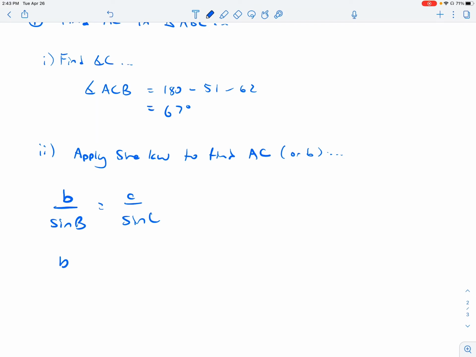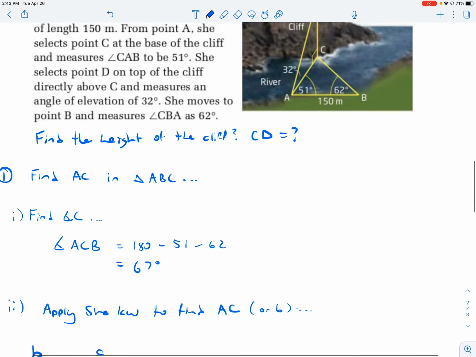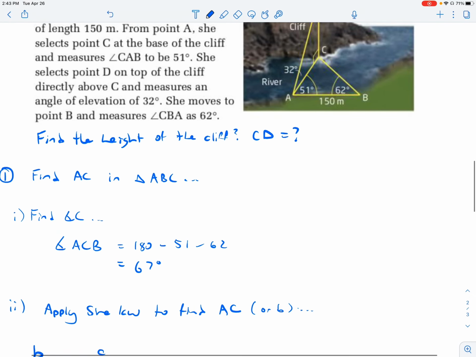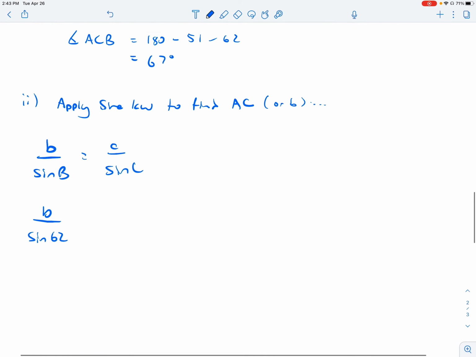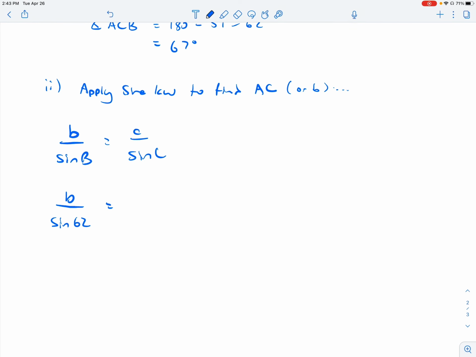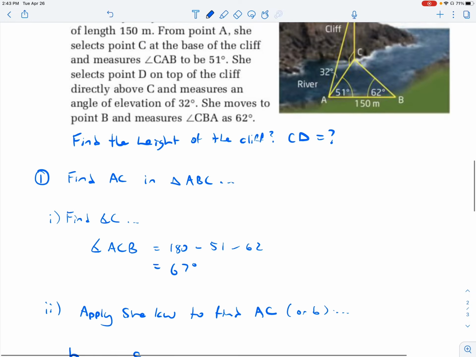Okay, let's plug in what we know. Angle B is 62, just going to check that. Yeah, angle B is 62. And angle C was 67. And length c was 150. Yeah, length c is 150.